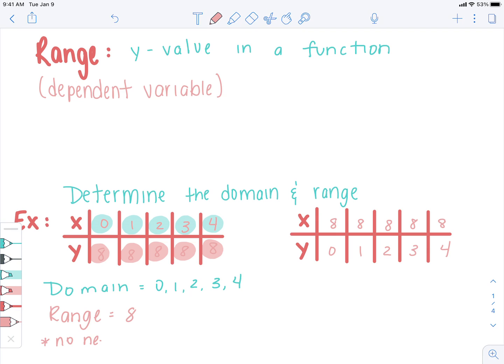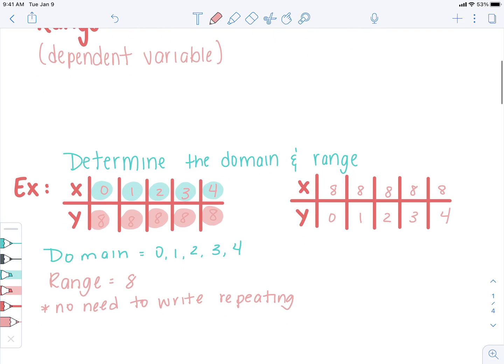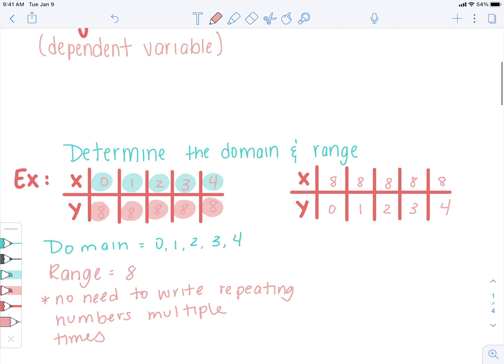No need to write repeating. So I'm only going to write a number once, even if it shows up multiple times, when I'm listing my range or my domain.